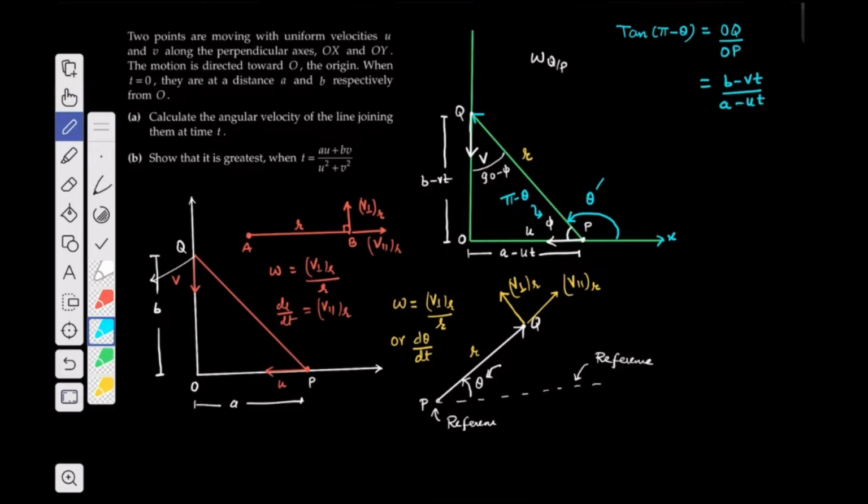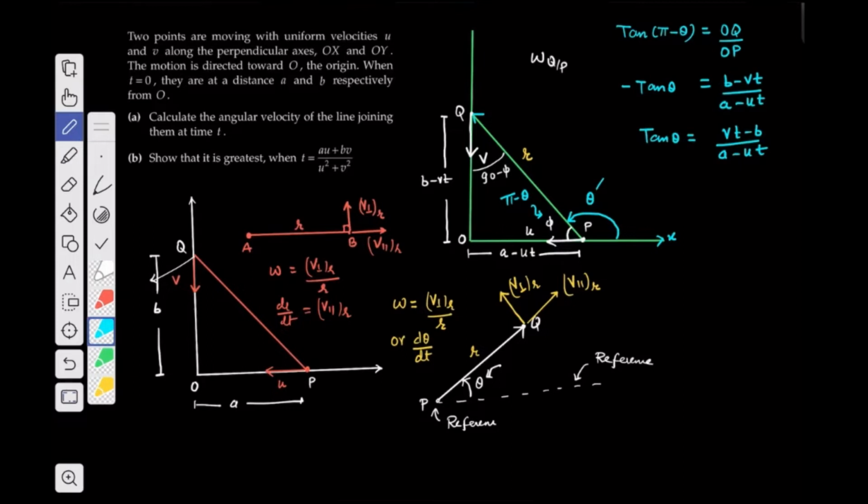Minus of tan theta. So minus of tan theta equals this. So tan theta will be equal to minus of this thing. So I can write it down as (VT minus B) by (A minus UT).